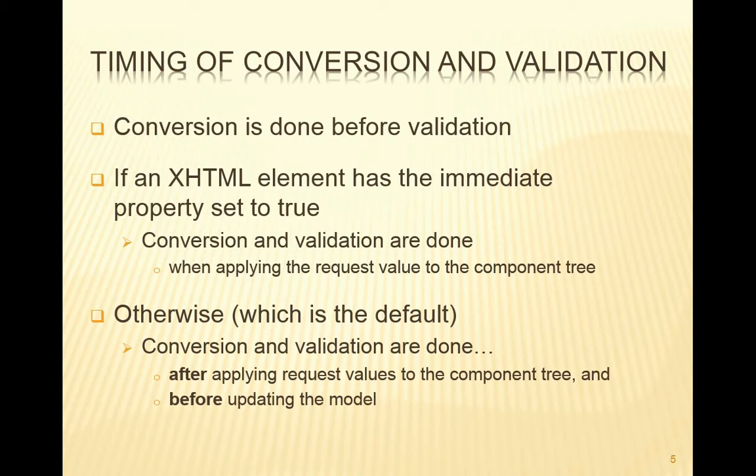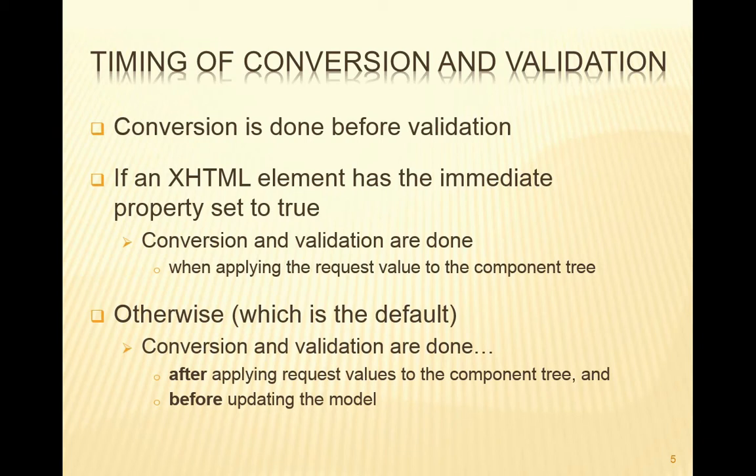So we'll take the HTML form values, which of course are just passed along as strings, and we'll convert those to values of the correct type. And after the conversion has taken place, then those converted values, which are now of the correct type, will be validated to make sure they fit the requirements of the business rules.